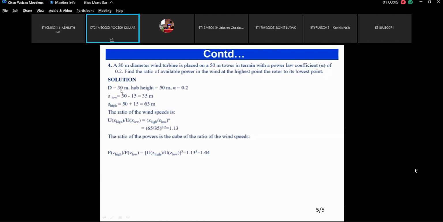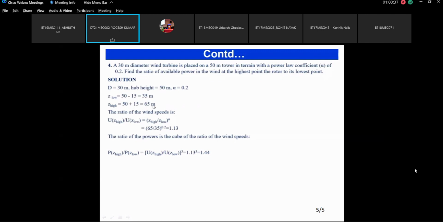The diameter of the turbine is given as 30 meter, hub height is 50 meter and alpha is equal to 0.2. For the lowest point, Z low is equal to 50 meter minus the radius of the rotor, 15 meter. So we get 35 meter as Z low, and Z high is equal to 50 plus 15, equal to 65 meter.